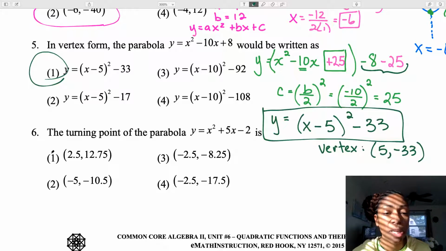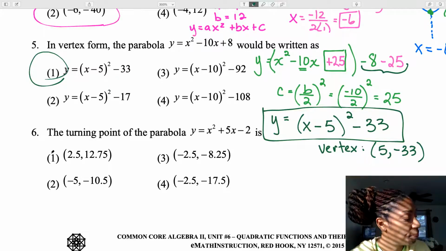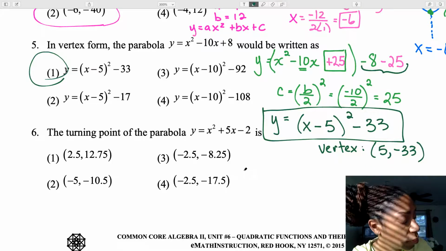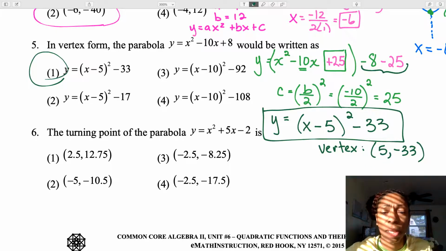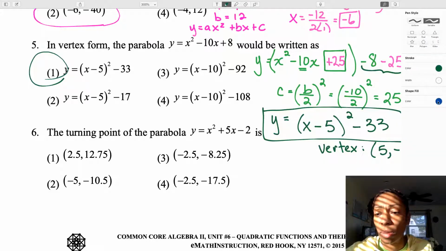Number 6, the turning point of the parabola y equals x squared plus 5x minus 2 is, so this one, we're going to complete the square again. Let's write in blue.